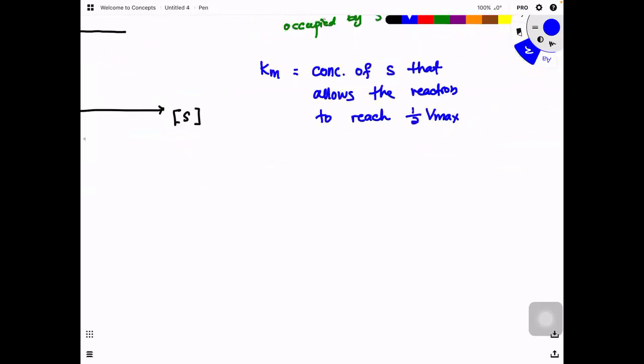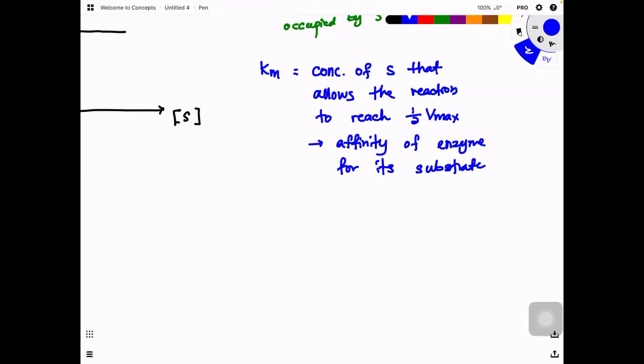So what does Km actually indicate? Km indicates the affinity of the enzyme for its substrate or inhibitor. What does affinity mean? Affinity is like love: if affinity is high, it means love more.